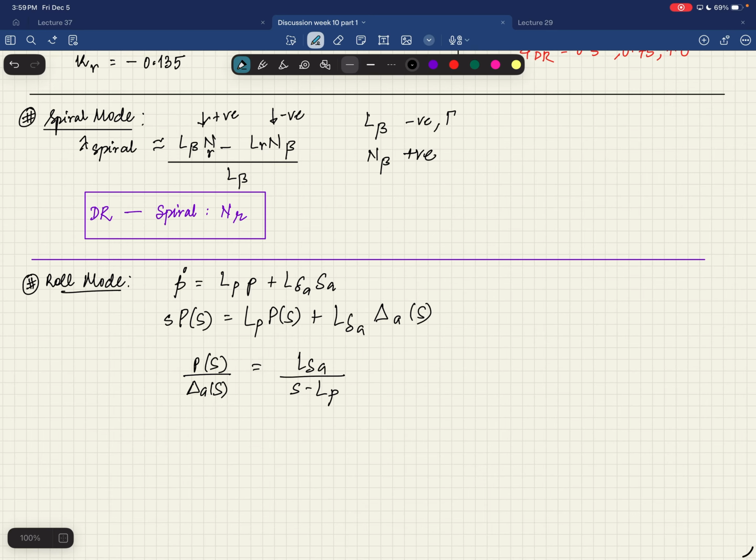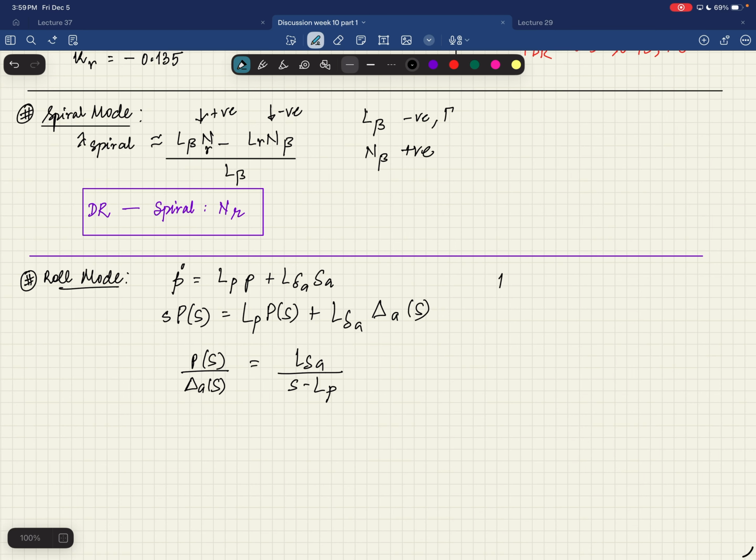For first order systems the response is usually given as 1 minus e to the power minus lambda t. This is simply the first order response. It is either exponentially decaying or exponentially increasing depending on whether the eigenvalue is negative or positive. Why is there no oscillation in a first order system? For oscillation, you need non-zero imaginary parts.